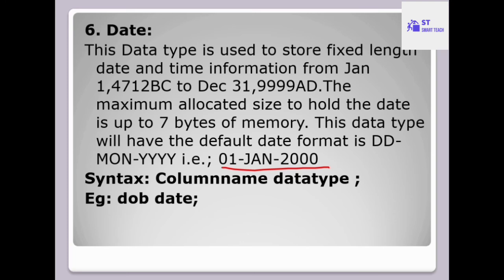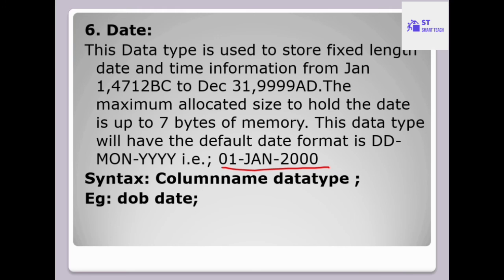This data type is used to store fixed length date and time information. Maximum allocated size to hold the date is 7 bytes of memory. So here you can store the date data type up to 7 bytes of memory.